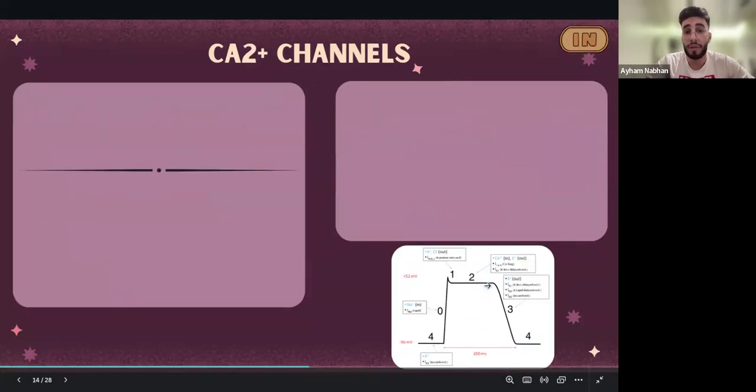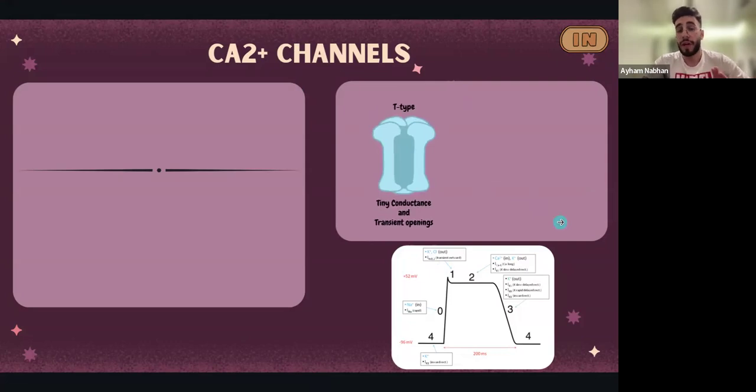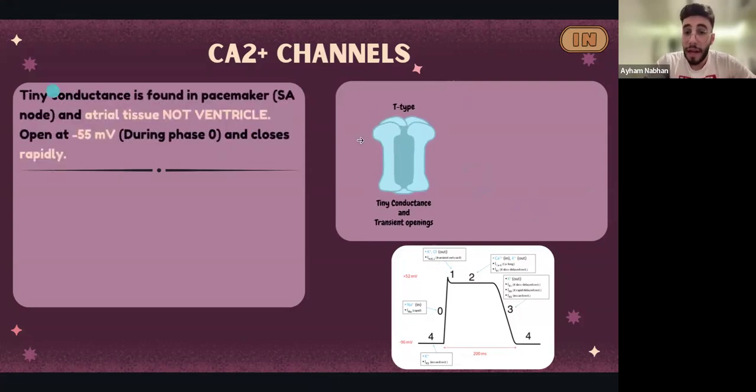Now going to the easiest, which is the calcium channels. We have two types actually. We have the T-type, which stands for tiny, or transient, conductance. That means there is a slight conductance of calcium inside the cardiac cell, and it is actually found only in the pacemaker tissues. What are the pacemakers? The SA and AV nodes.